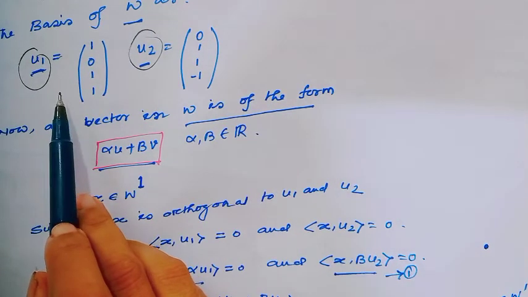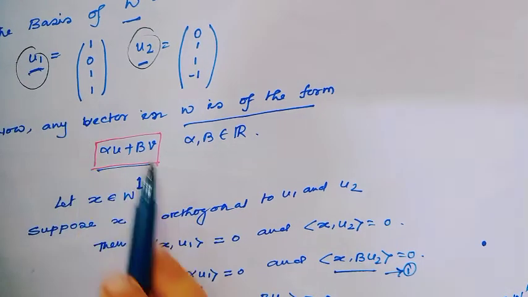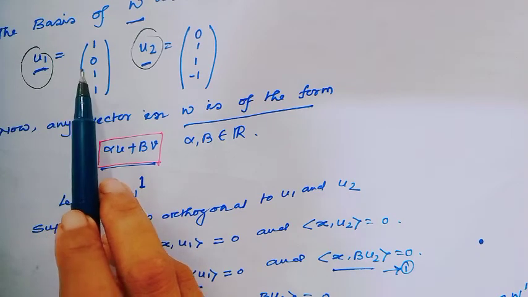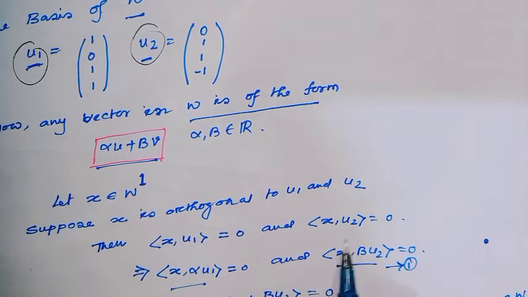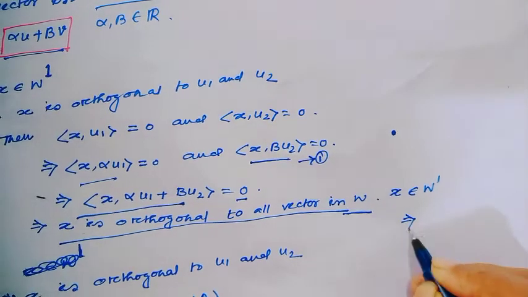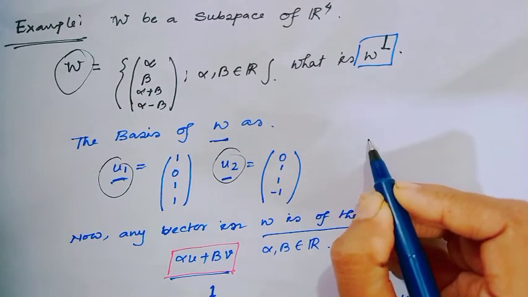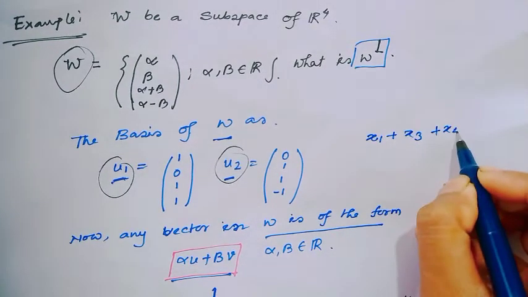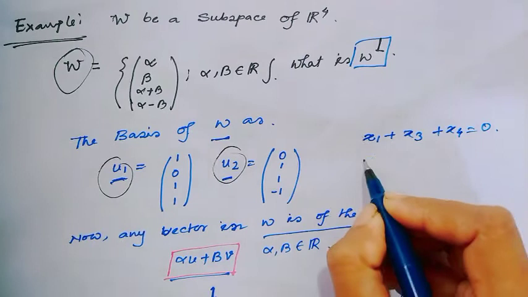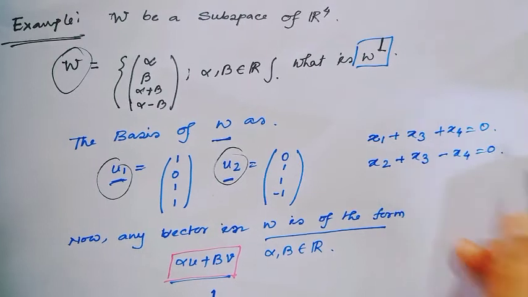That means here the vector is of such type for W perp. Since X is orthogonal to U1 and U2, inner product of X with U1 and inner product of X with U2 equal 0. Since U1 equals this vector and U2 equals this vector, that implies x1 plus x3 plus x4 equals 0 and x2 plus x3 minus x4 equals 0.